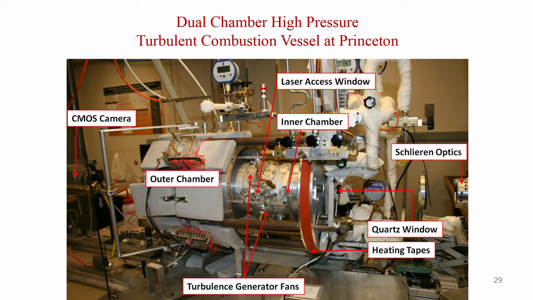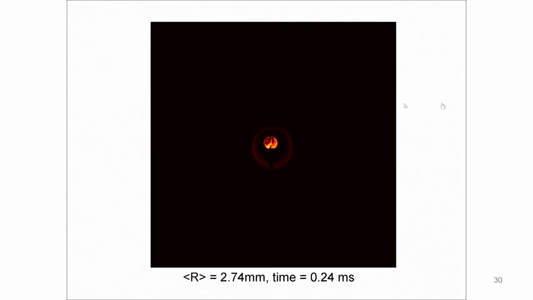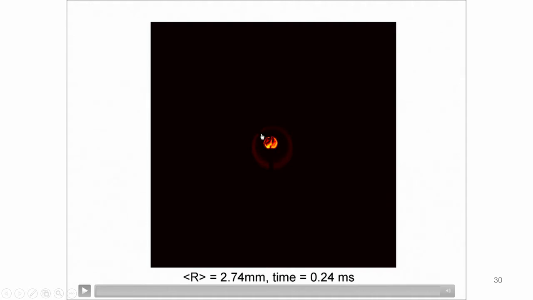So the pressure that is increasing inside the inner chamber due to the gas expansion, due to the flame, due to the overall temperature rise inside the inner chamber, can be absorbed into the outer chamber. As a result, the flame propagates in an isobaric environment.